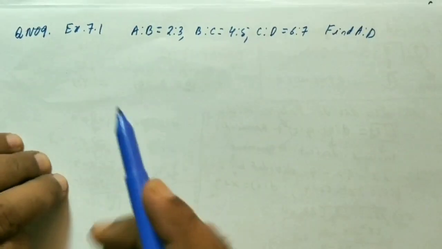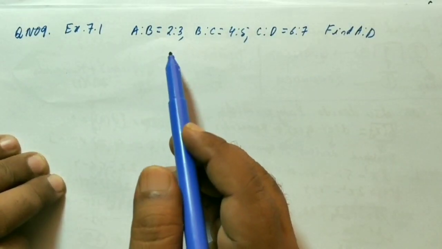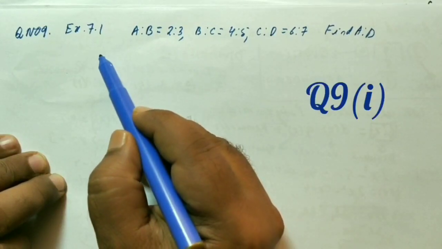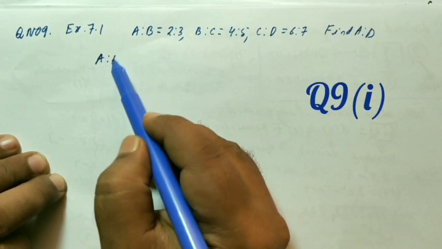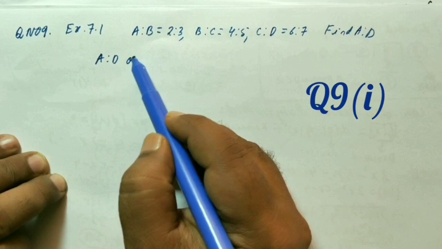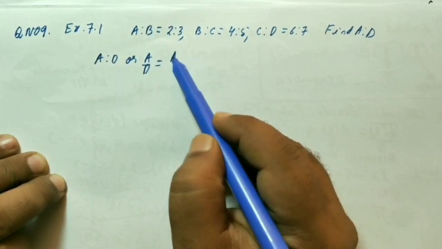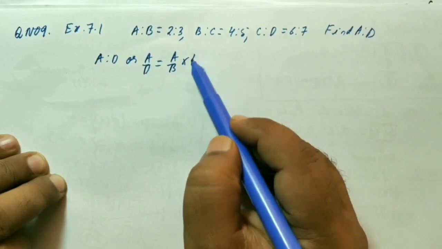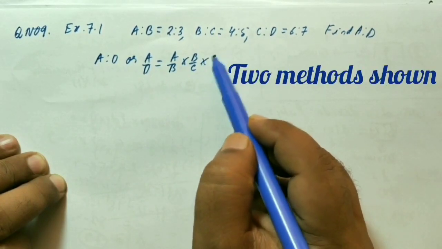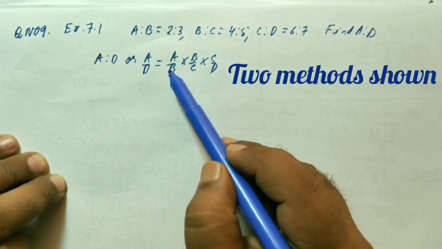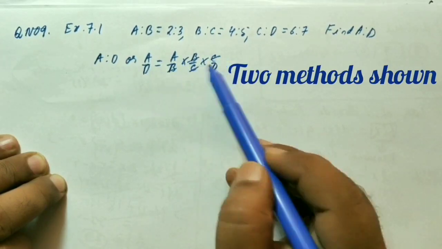Now this is a question I am discussing because it can be done in two ways. If I have to find only a is to b, or a by b, this is equal to a by b into b by c into c by d. This will get cancelled and this will get cancelled, what remains is a by d.